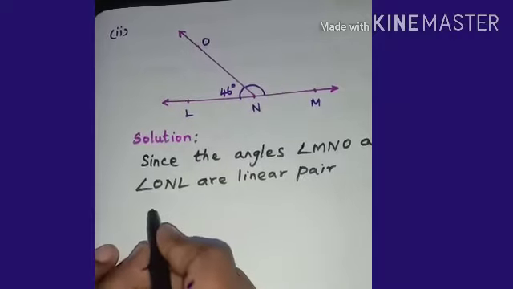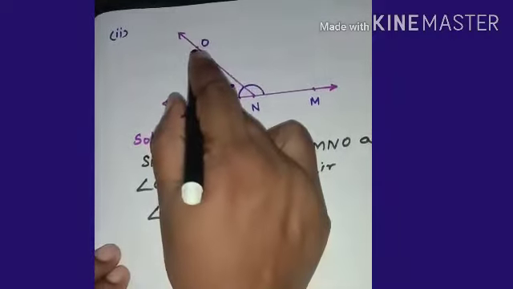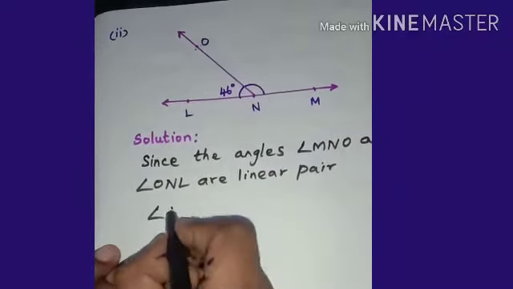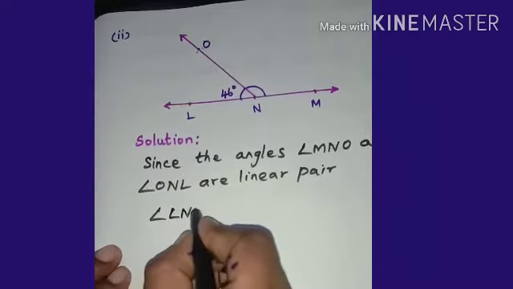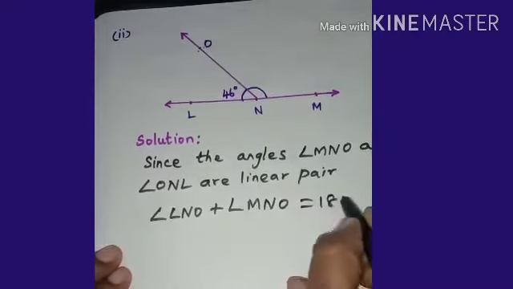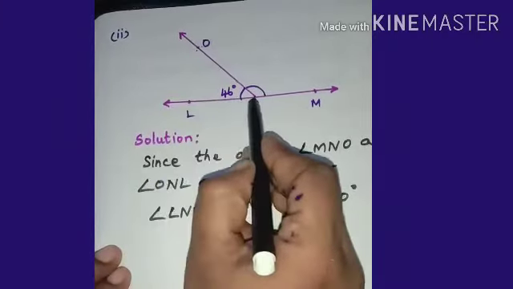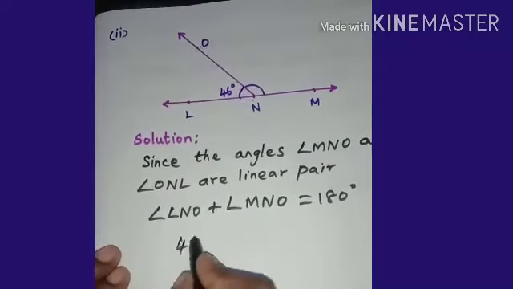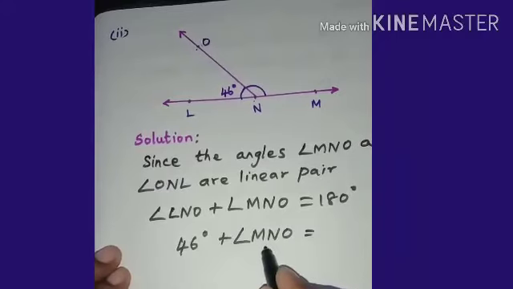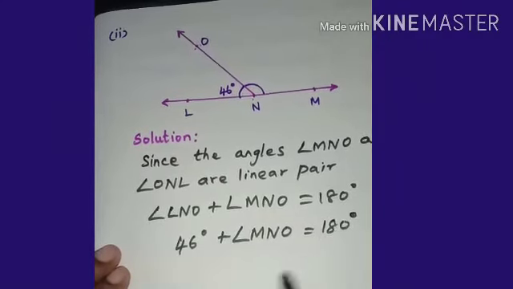So angle LNO plus angle MNO is equal to 180 degree. Here we know that angle LNO is 46 degree, plus angle MNO, which is the missing angle, so here we have to find this angle, is equal to 180 degree.